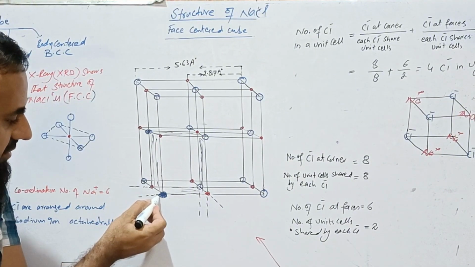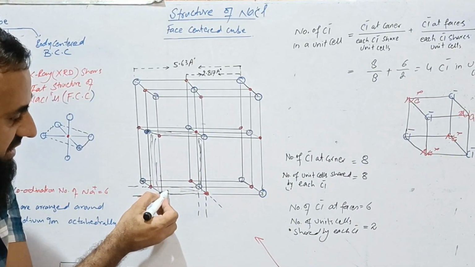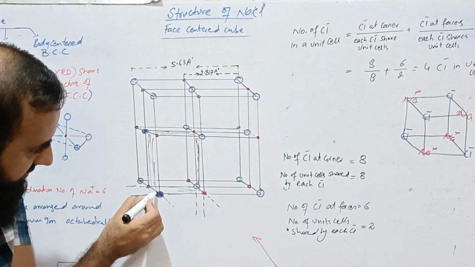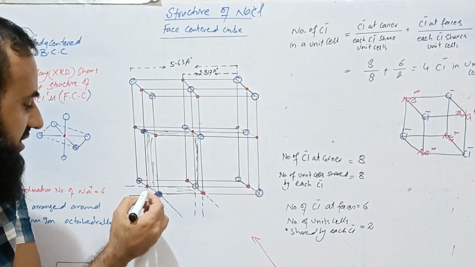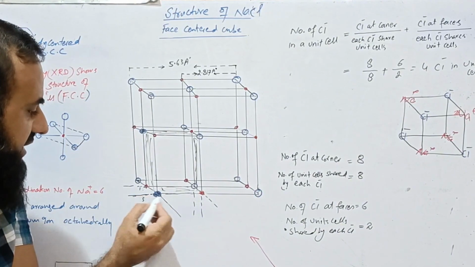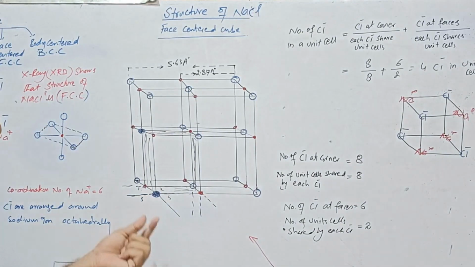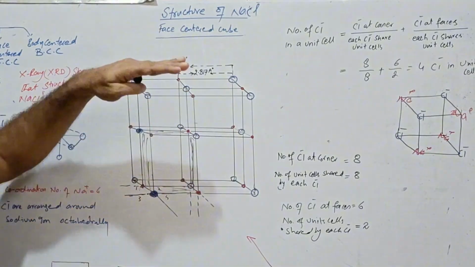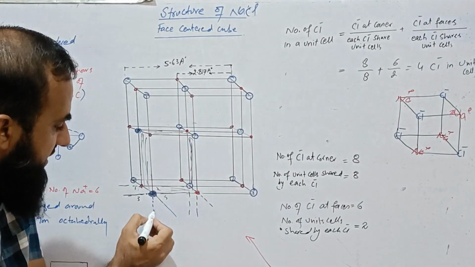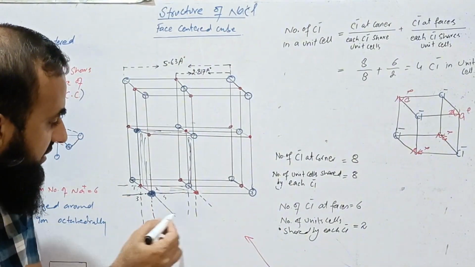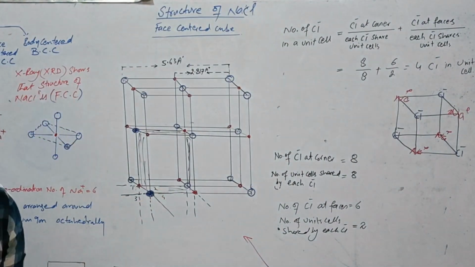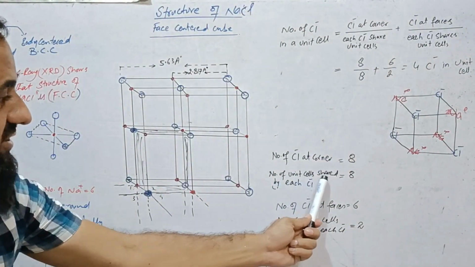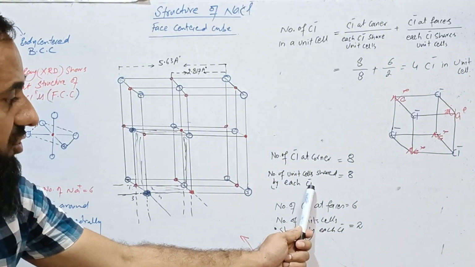Now see, there are 2 unit cells, 1, 2, and if we extend this crystal like this, there are 4, 1, 2, 3 and 4. These 4 unit cells are shared by this chloride. These are the 4 unit cells present above, and if we extend the crystal below, there are 8 unit cells which are shared by this chloride. So we can say that the number of unit cells shared by each Cl at the corner is 8.